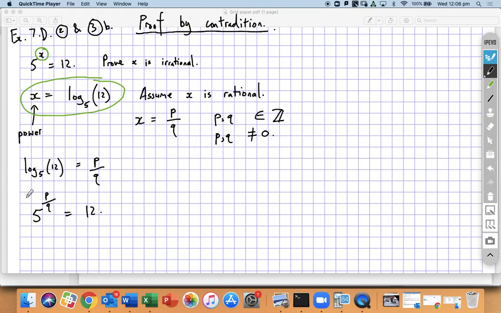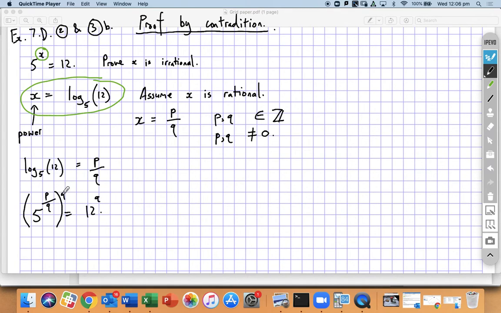And this is where the little algebraic manipulation comes in that you will always do for this question. You'll multiply by the denominator in the power. Sorry, not multiply. You will raise 5 to the p on q to the power of whatever's in the denominator there. So you're going to raise to the power of q on both sides.